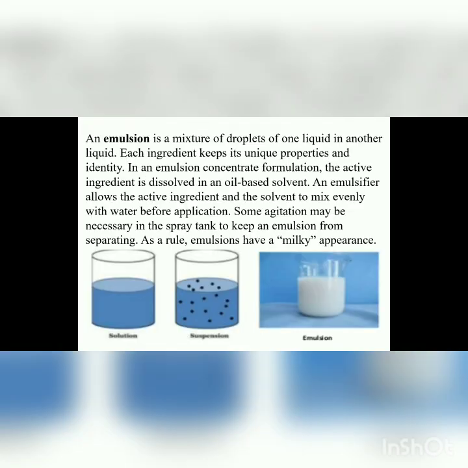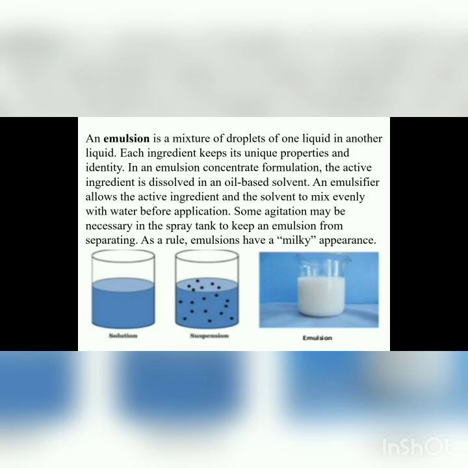Then the third one is emulsion. It is a mixture of droplets of one liquid in another liquid. Each ingredient keeps its unique properties and identity. In an emulsion concentrate formulation, the active ingredient is dissolved in an oil-based solvent. An emulsifier allows the active ingredient and the solvent to mix evenly with water before application.